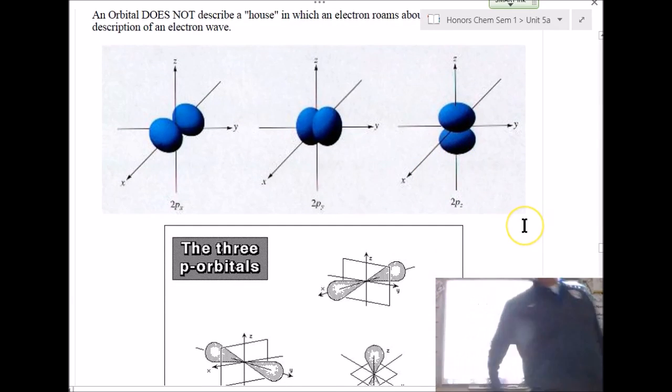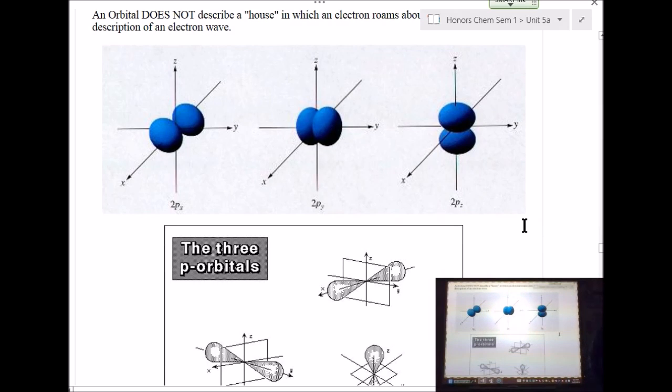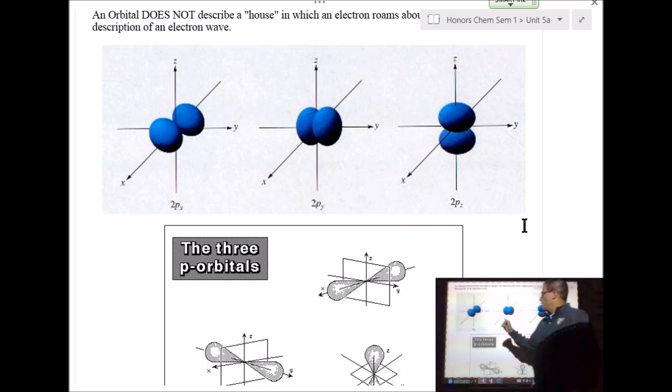But notice that we now have these p orbitals lying in a particular orientation. So these are on the x-axis, that's on the y-axis, and these are on the z-axis. If I take all 3 of those and put them together, I'm forming what's called a bumpy ball. So it's starting to change a little bit.